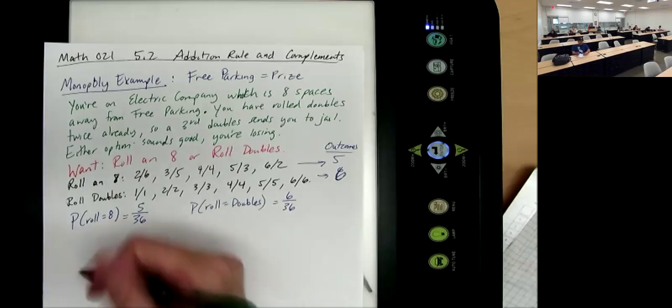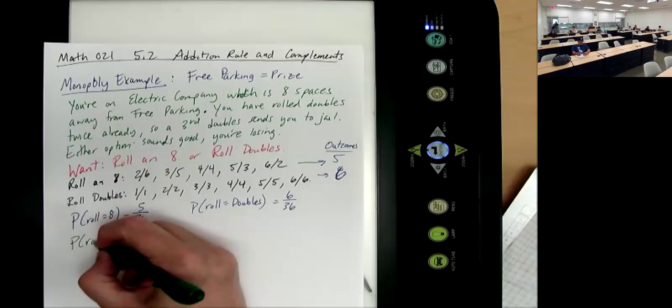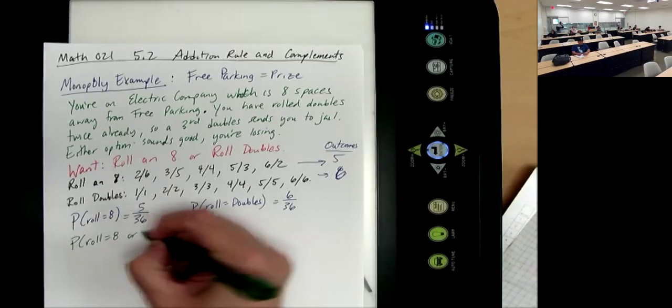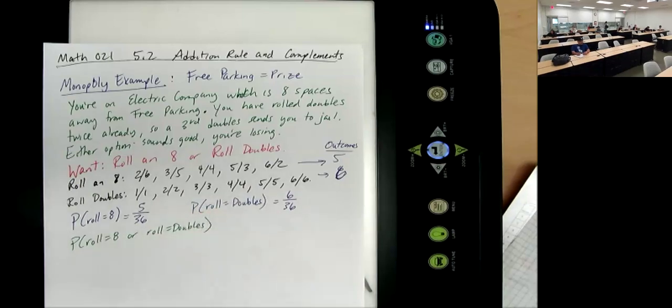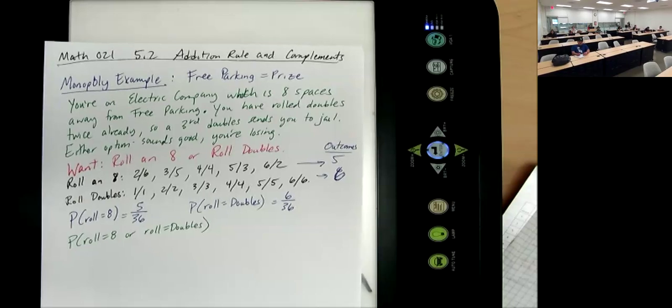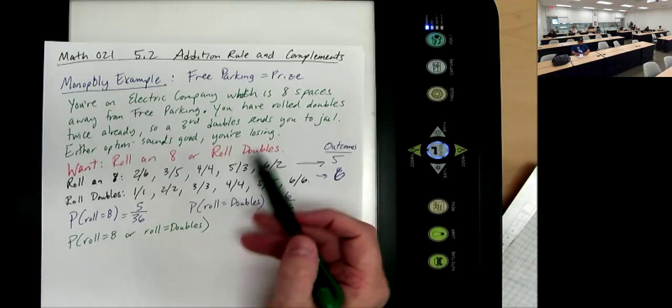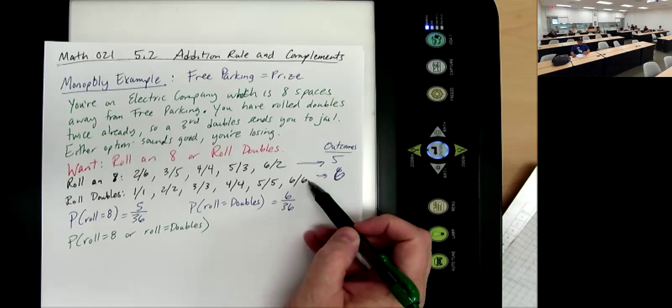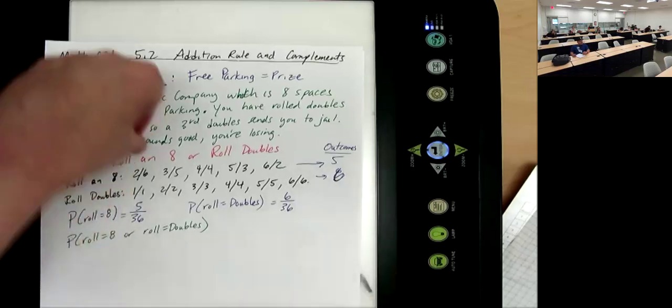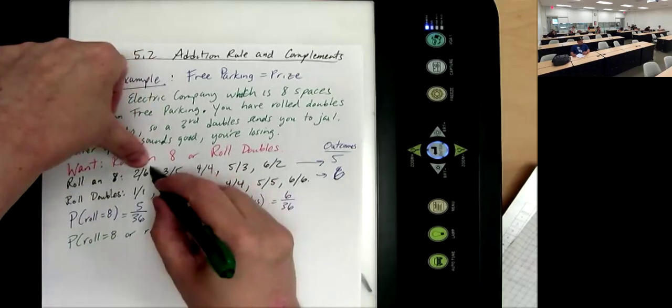So how many ways can I do both? Let's count them up as we go through them. I'll do all the pairs first, that's 6 different pairs or doubles. Then this would make a 7th option.